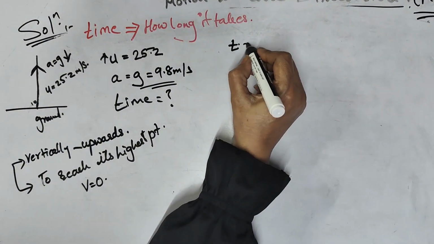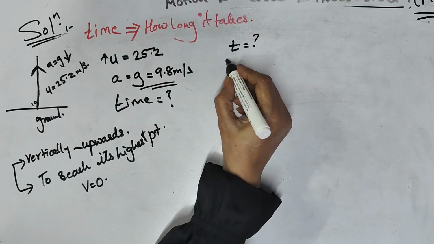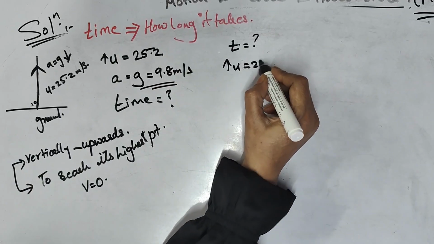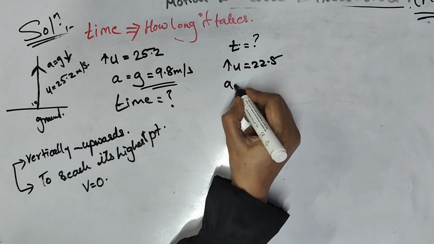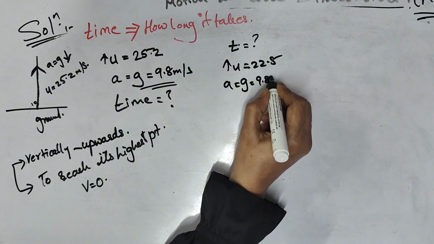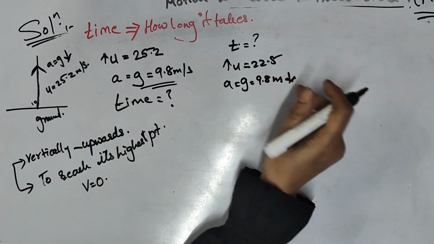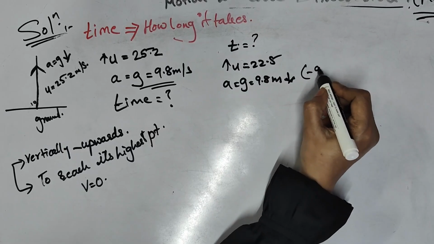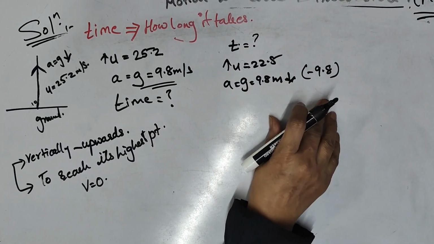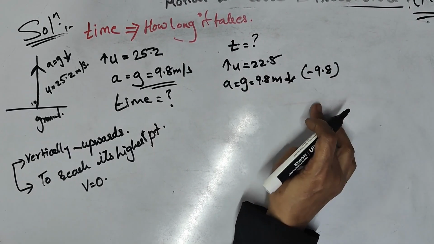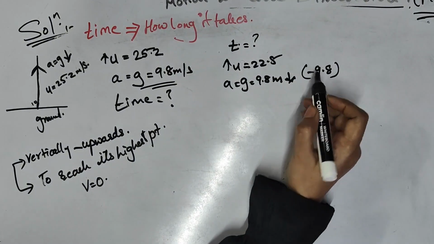So t is equal to what? u upwards is equal to 25.2, a is equal to g is equal to 9.8 meter. नीचे आने के लिए, ये ग्रेविटेशनल पुल है हमारा, it will become -9.8 because it is going upwards against the gravity, तो ये हम इसको नेगेटिव में लेंगे.